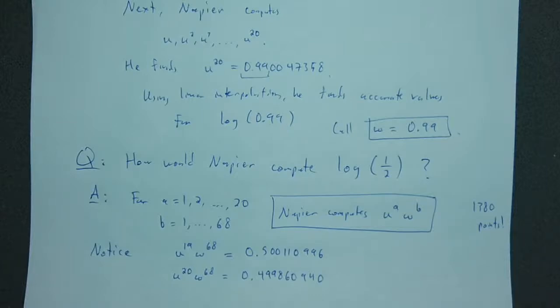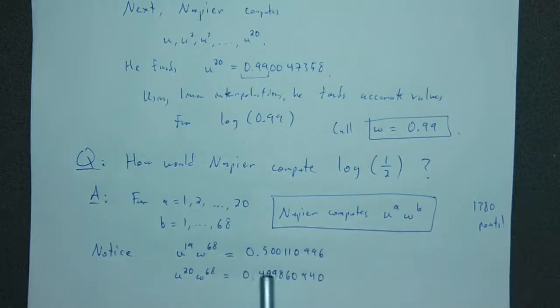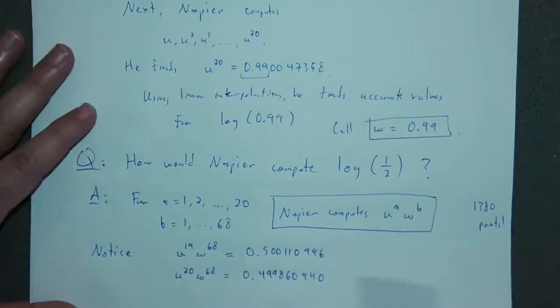And so it now becomes clear what it is I was doing, right? You might say, why do you only go up to 20? Why do you go all the way up to 68 here? So this is not how Napier did it going forward. Going forward, he was looking for values that gave him exactly something like this. Why? What do you notice?